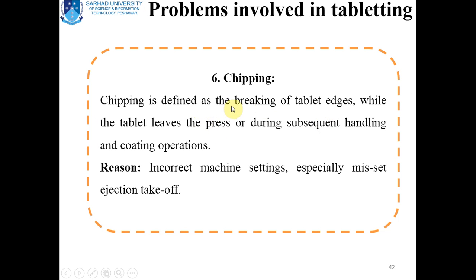Chipping is defined as the breaking of tablet edges while the tablet leaves the press or during subsequent handling and coating operations. Reasons are incorrect machine settings, especially a misset ejection take-off.